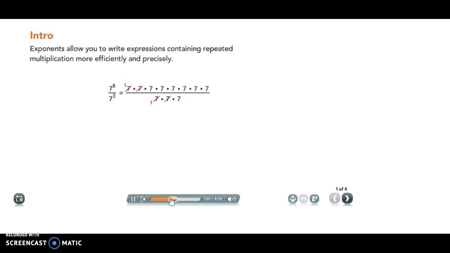Here we're canceling out each one. We've canceled out 3 on top, 3 on bottom. And then we're going to take a look at what's left. Well, what's left is 5 sevens. So we have 7 to the 8th divided by 7 to the 3rd, and we are left with 7 to the 5th power.